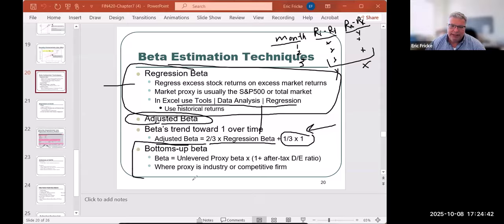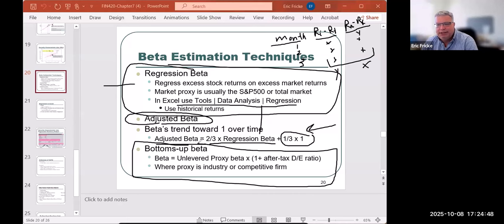Another way to do it is to calculate a bottoms up beta. It's kind of strange, but it's particularly good for private companies. If you remember from Finance 300, you did weighted average cost of capital for a company. So you have to get the cost of equity, which you get by estimating the CAPM model.